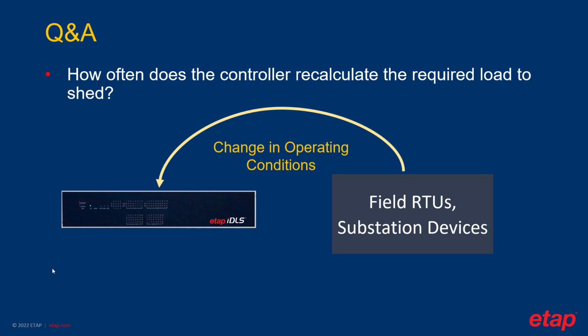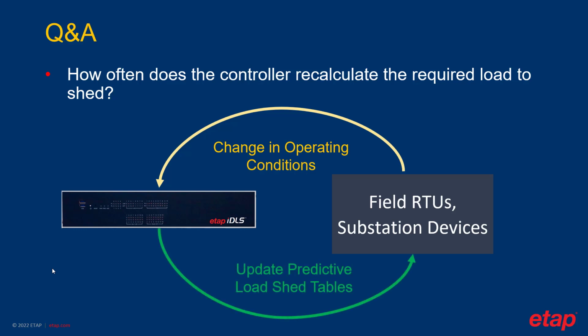Then these changes are processed continuously, and the controller will evaluate the new operating conditions against the digital twin model and load shed control philosophy. Then the controller will send back an updated, predictive list of loads to shed back to the RTUs that have control over load shedding. This process will continue to occur almost every scan of the system, since it's more likely that on every scan there's always a change on generation or loading that will require the system to be reevaluated.